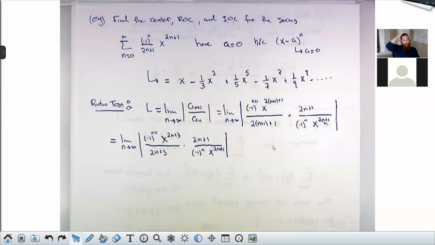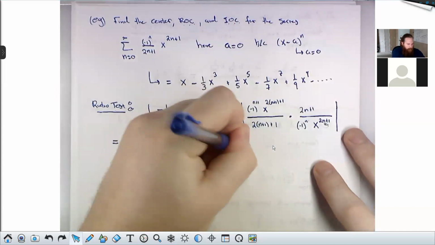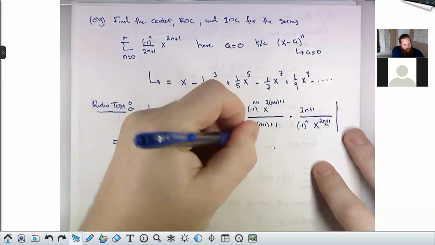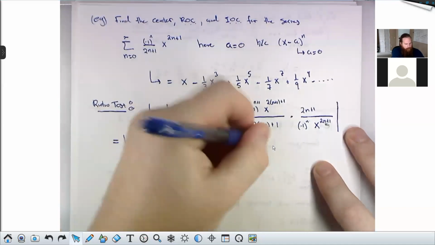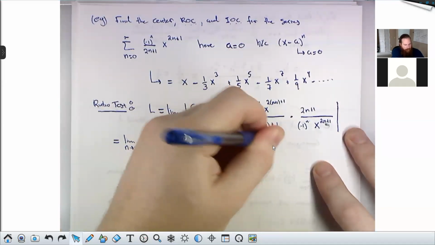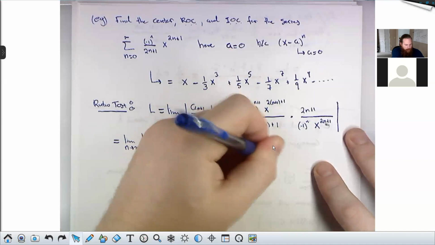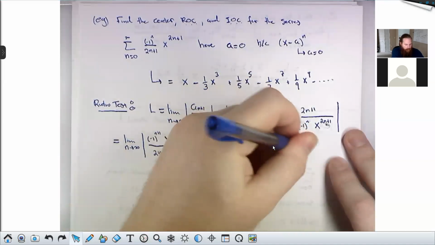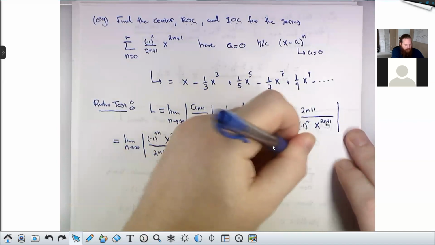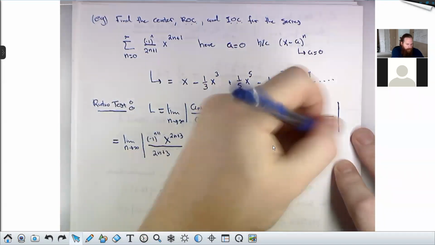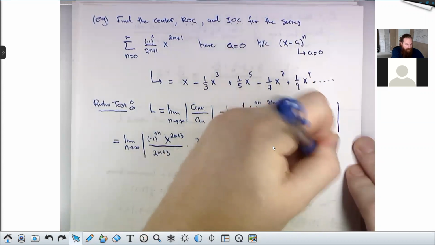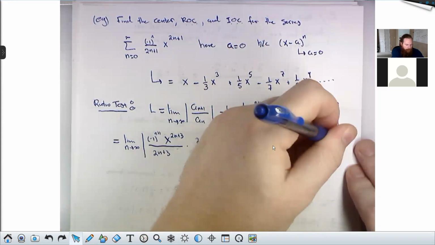Now I'm going to rearrange my terms to put like stuff with like stuff. And I get the limit as n goes to infinity of the absolute value of (-1)^(n+1) over (-1)^n, times 2n plus 1 over 2n plus 3, times x to the 2n plus 3 over x to the 2n plus 1.